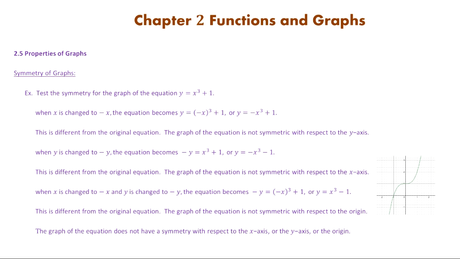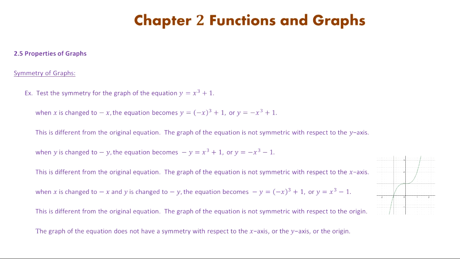Okay, so let's test the last type of symmetry, symmetry with respect to the origin. This time you change both x to negative x and y to negative y in the original equation, so we get negative y equals negative x cubed plus 1. Again, the cube of negative x gives the negative.